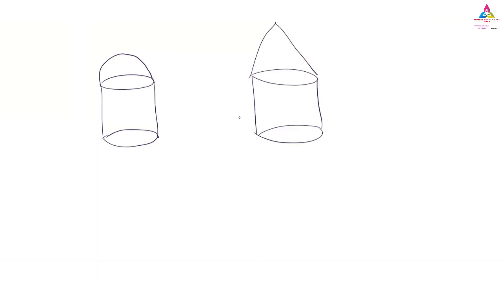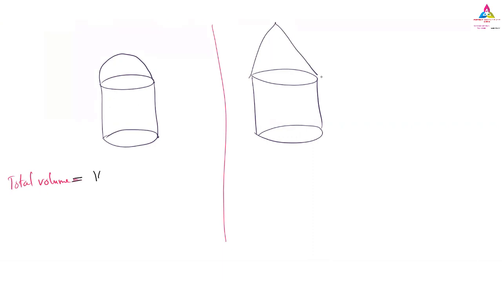Obviously it must increase, because it is a combination. Answer me, the first one we have done here, it is a combination of what and what? Cylinder and hemisphere. Yes, if you want to find the total volume, what do we have to do first?